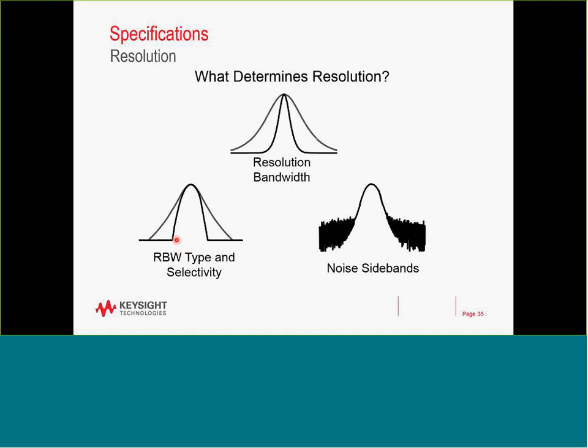Those digital filters we have today have good shape factor, which is the ability to have a sharp edge and be able to discriminate a small signal close to the carrier. And phase noise, or the noise band, is a limitation. Even if I go with a narrow resolution bandwidth, I won't be able to see that little signal here because of that.